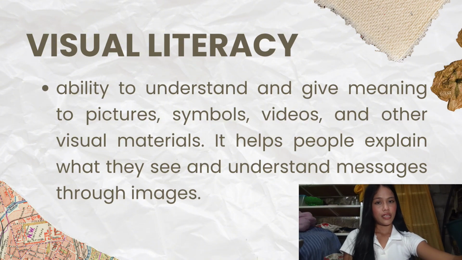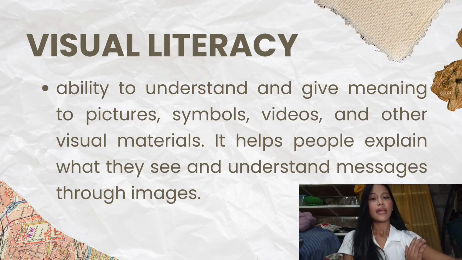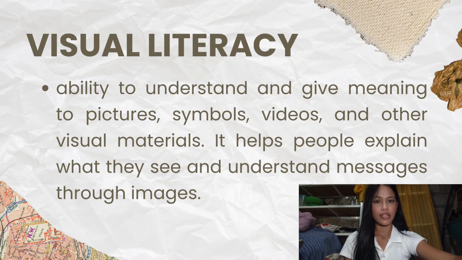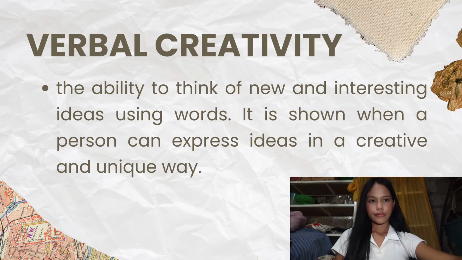Visual literacy is a skill and ability to understand and give meaning to pictures, symbols, videos, and other visual materials. This helps us better understand the messages that images want to convey and explain what we see.